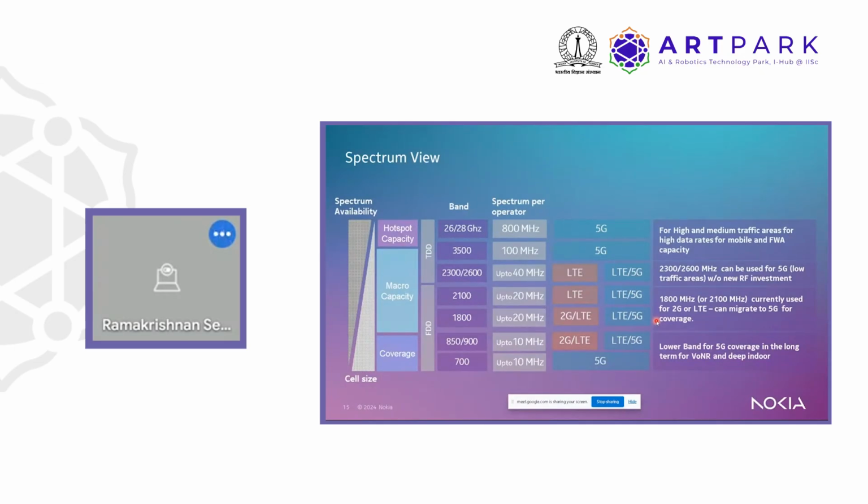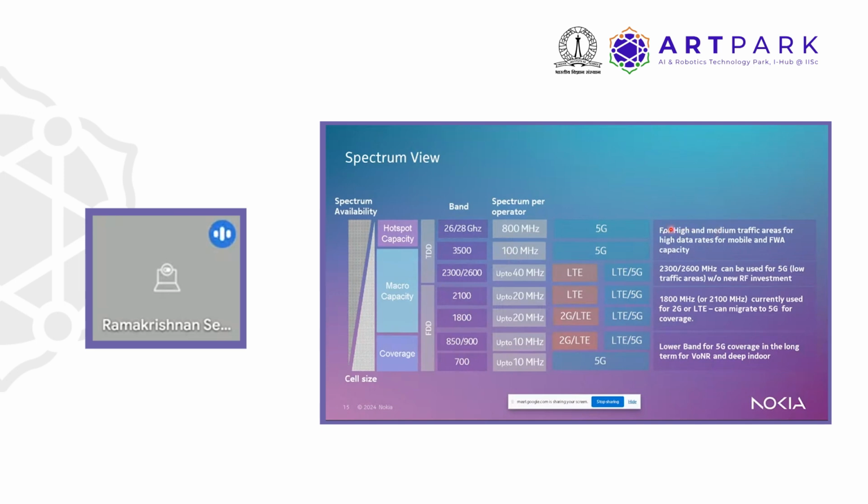So for all these reasons, you have to make sure that you always have a lower frequency layer wherein you could actually provide coverage to the users, and on the downlink, you could actually use one of these 3.5 gigahertz or 26 gigahertz or 2300 megahertz. So all these layers, you can use for the downlink as a capacity layer.